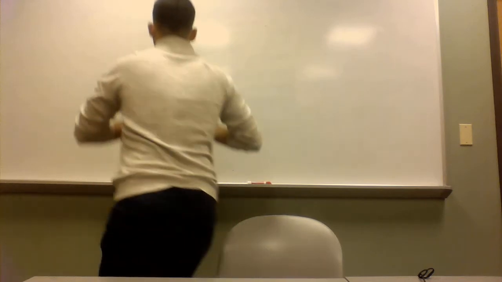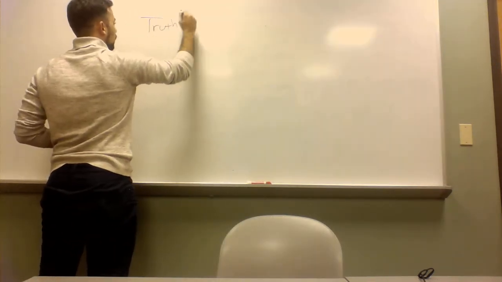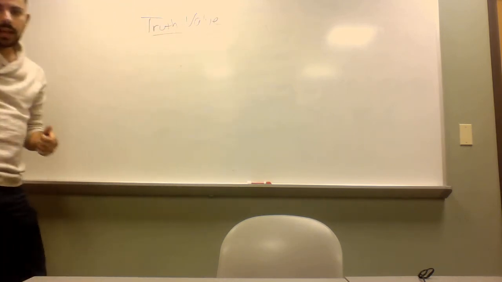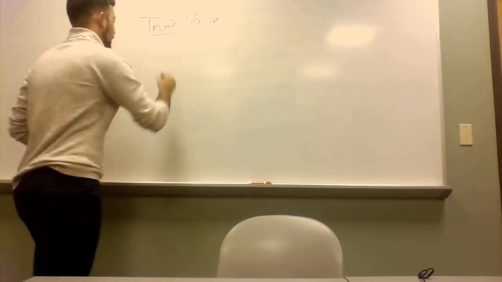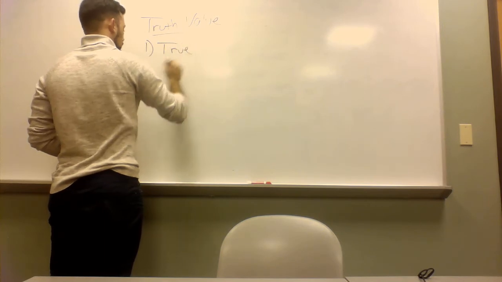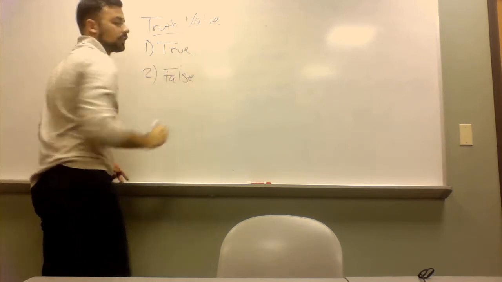So what is a proposition? A proposition, again, is just any type of statement, right? And a proposition can have something called a truth value. Any proposition can have one of two truth values: either it's true or it's false.